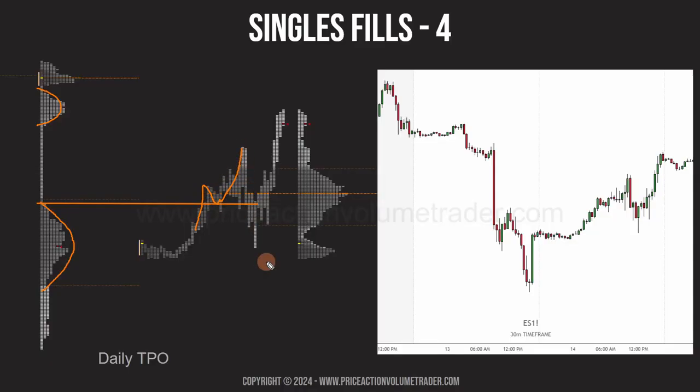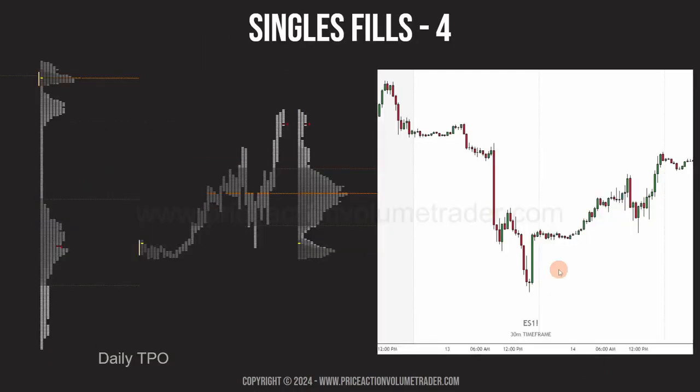We did have this big breakdown, but you can see right over here how we had this swing high here. This high volume node, or this edge here, is pretty much from this value that we built. We went up, tested the top and then continued pushing up over here, starting to fill in these singles.